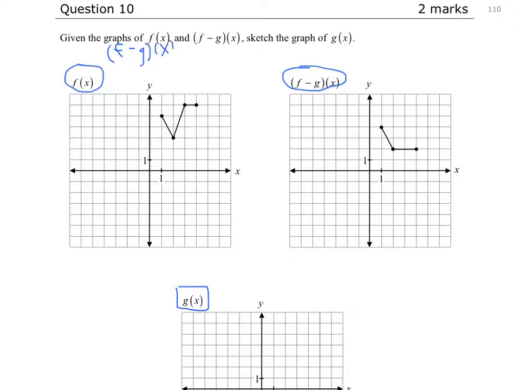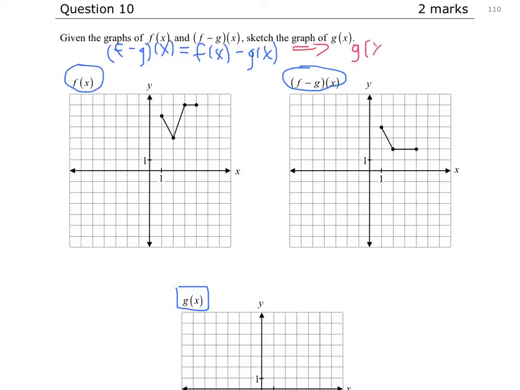can also be written as f of x subtract g of x. Now, because we're asked to find g of x, let's solve this equation for g of x. And to solve this equation for g of x, we would add g of x to both sides.